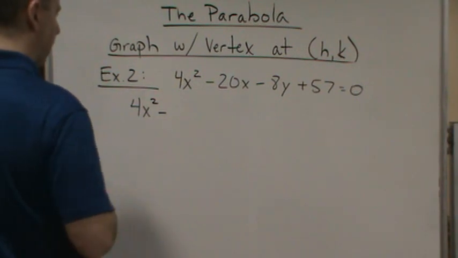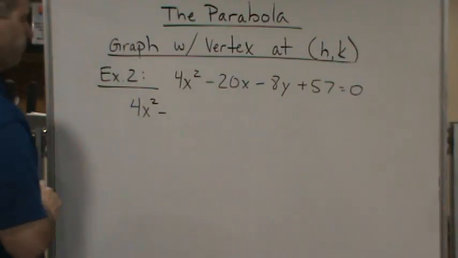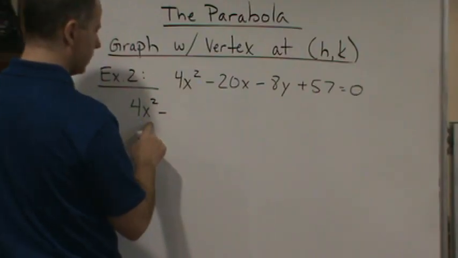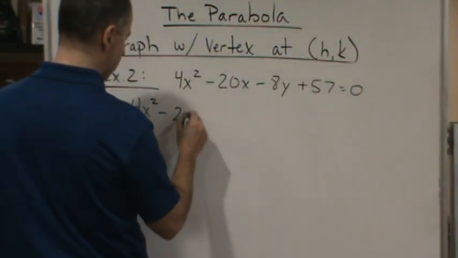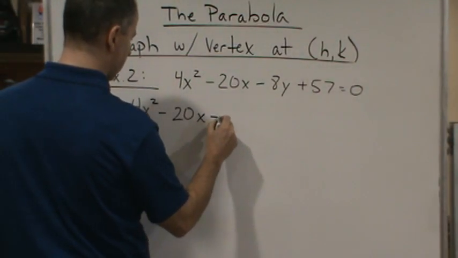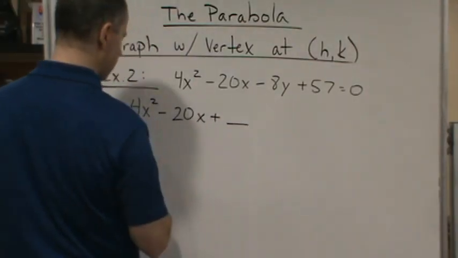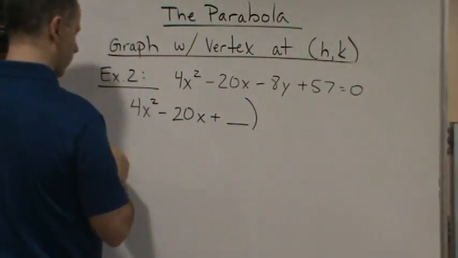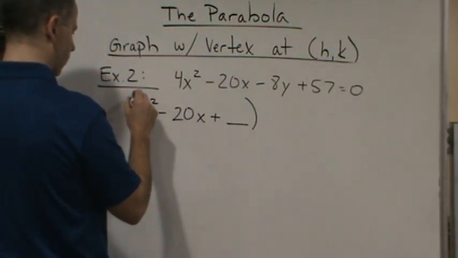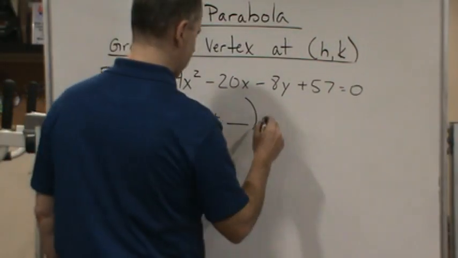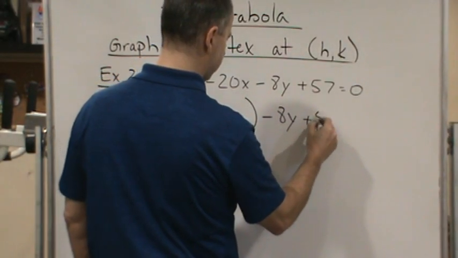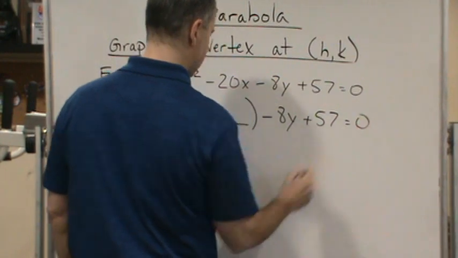No, not yet. Okay, so let's do 4x squared minus 20x plus that minus 8y plus 57 is equal to 0.